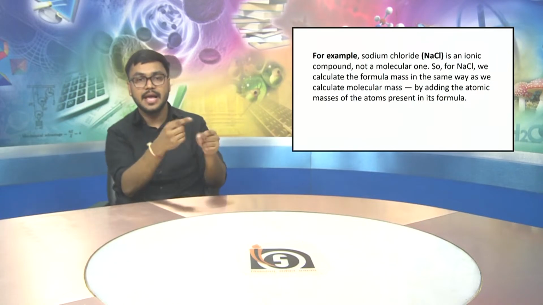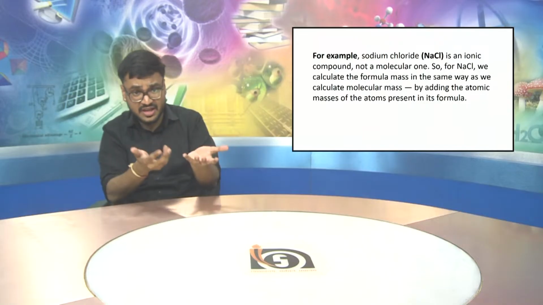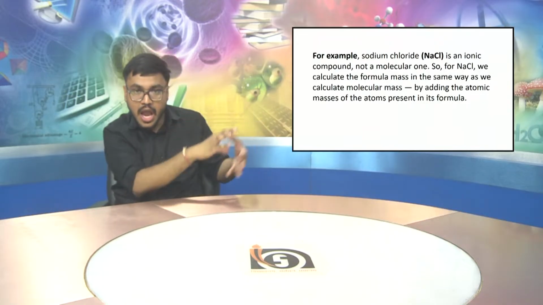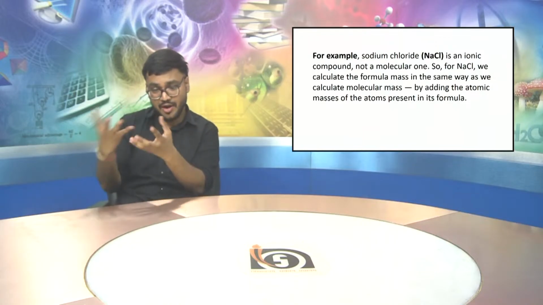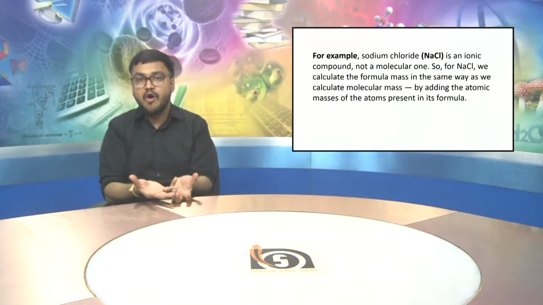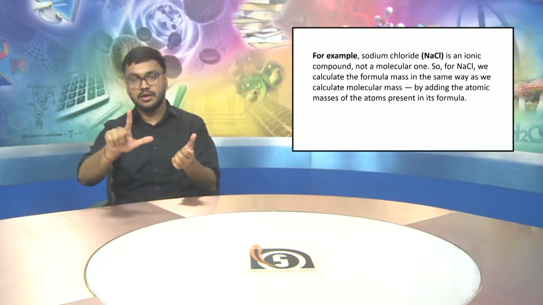So, for NaCl, we calculate the formula mass in the same way as we calculate molecular mass, by adding the atomic masses of the atoms present in its formula.